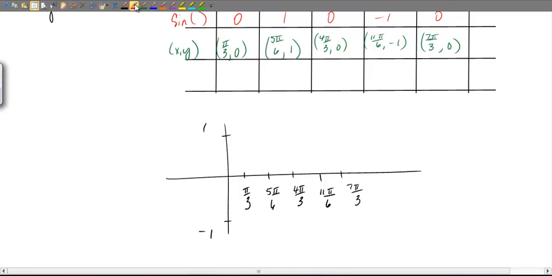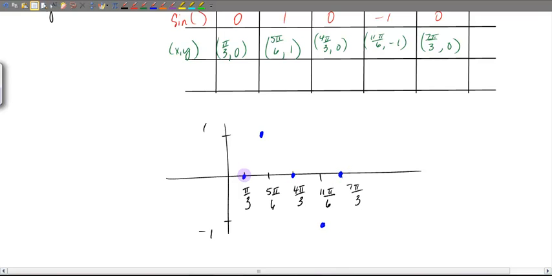So again, to graph this, we're going to come in and we're going to put a point here at pi over 3, 0, 5 pi over 6 and 1, 4 pi over 3, 0, 11 pi over 6, and 7 pi over 3, 0.